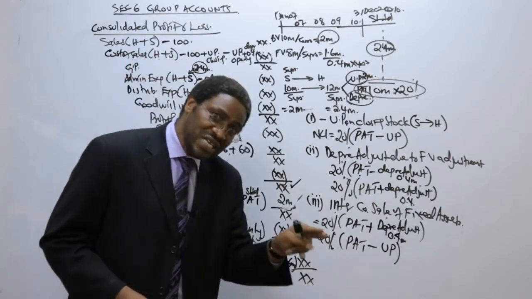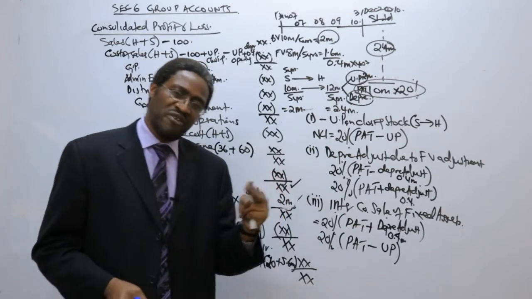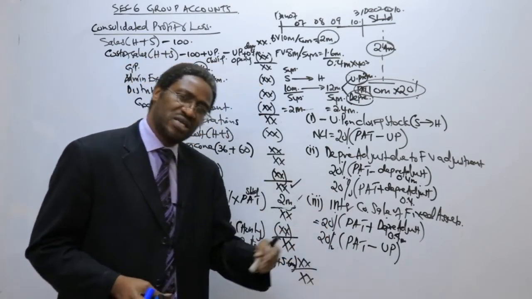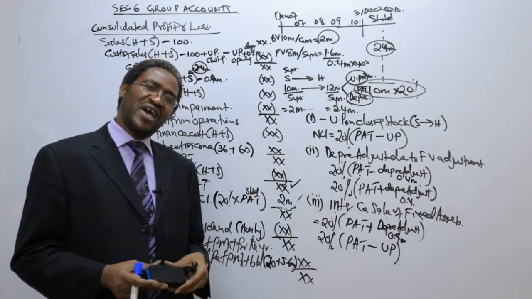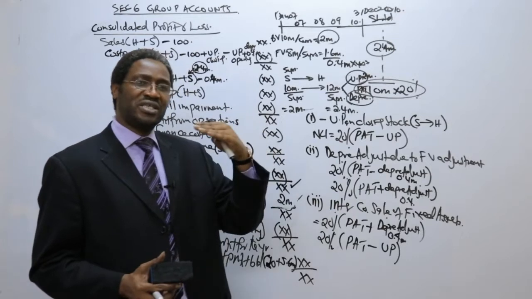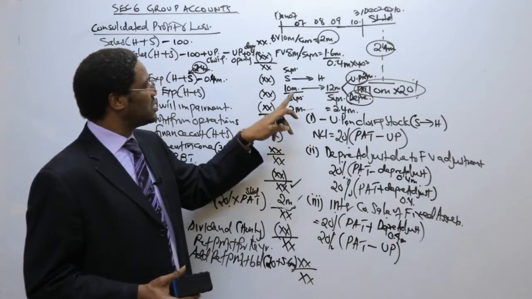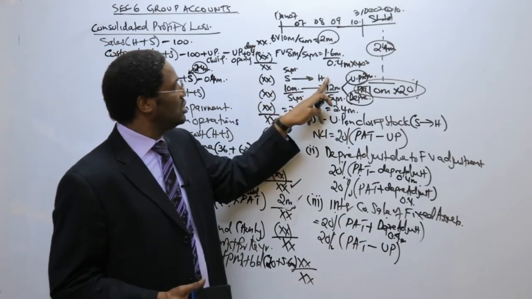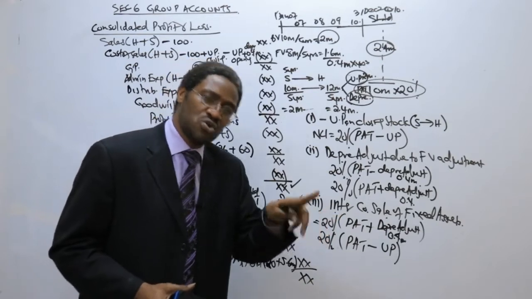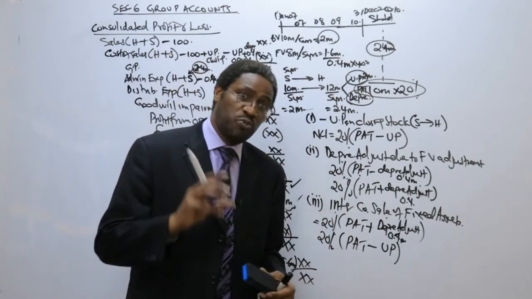We have agreed if it is the subsidiary that sold the fixed asset to the holding, then the profit of the subsidiary is wrong because of the unrealized profit, or it could be a loss, but in most cases it is normally a profit. I hope you have understood that.